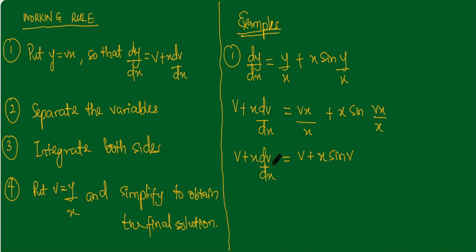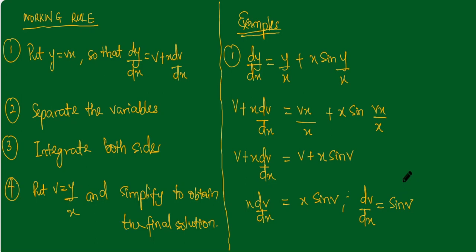So we have v on both sides, so we can subtract them from each other. If we subtract v from both sides, we have x dv dx is equal to x sine v. Since we have x on both sides, we can now simplify this to be dv dx is equal to sine v.